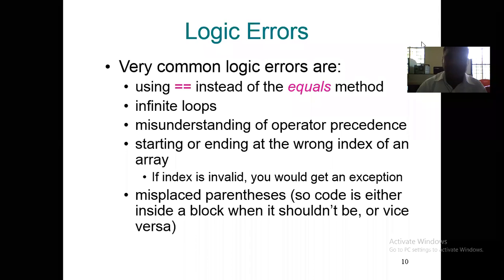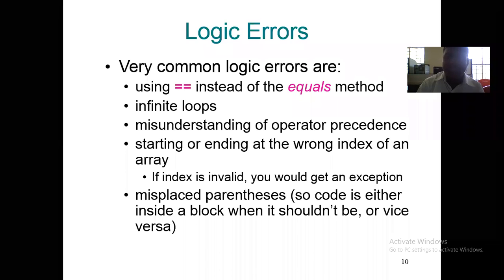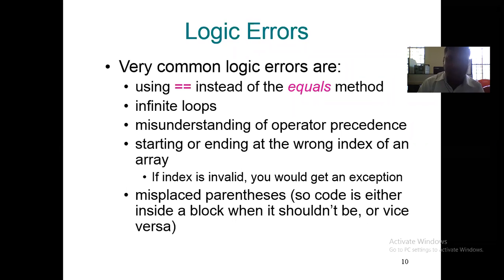Also, while writing loops, due to mistakes in logic, we may get infinite loops. Misunderstanding of operator precedence, meaning where to use what, is also a logical error. Starting or ending at the wrong index of an array, according to the requirements, is also a logical error. If the index is invalid, you would get an exception.